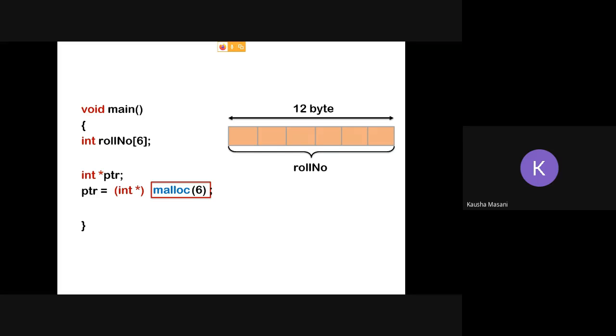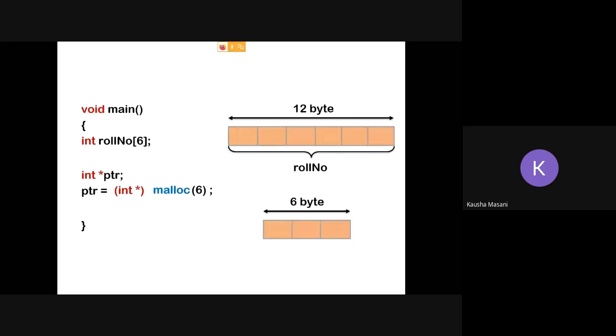But when malloc 6 is compiled, then 6 bytes of memory are allocated. So you can say 3 blocks are allocated. So malloc 6 and the integer array roll number of size 6 are not the same.